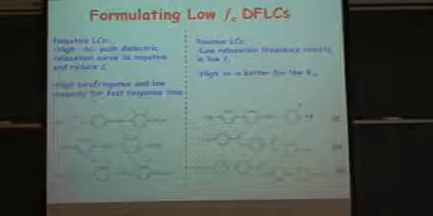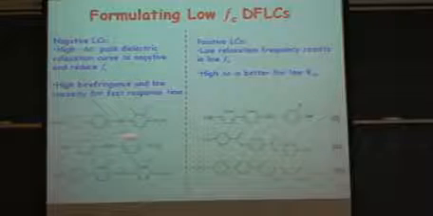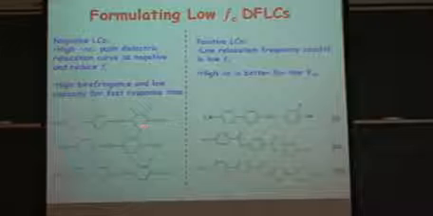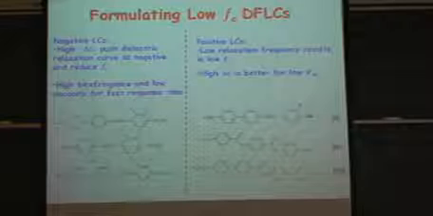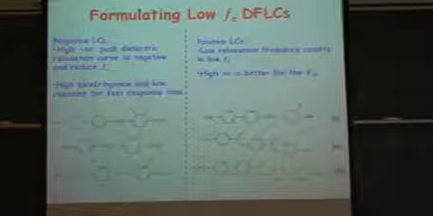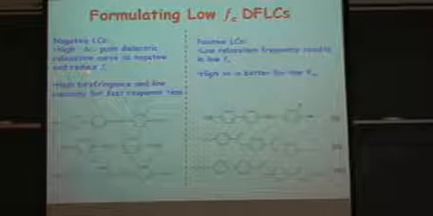Then comes our liquid crystal material. From the negative liquid crystal side, as we mentioned, we want to use the liquid crystal with a large negative delta epsilon, which can increase the value at high frequency region. And also it's helpful to reduce the crossover frequency.